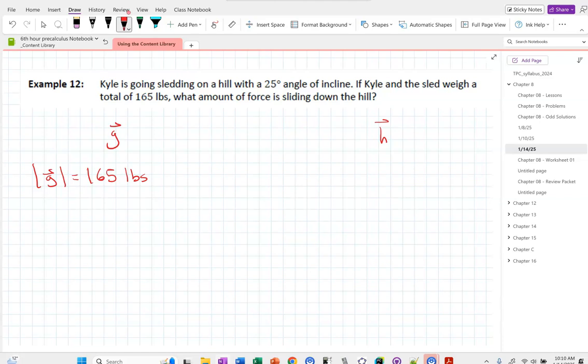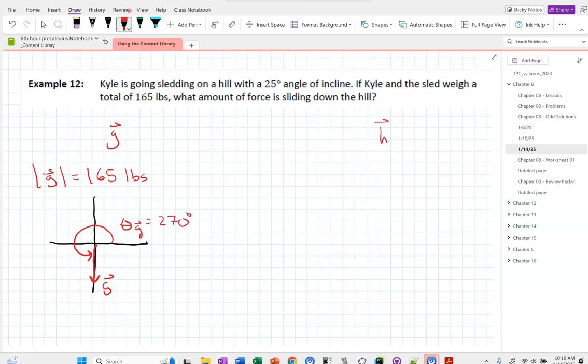Everybody's okay there? Now, what direction does gravity pull us? Always straight down, right? So our gravity vector looks like this. Everybody agree? So what is the direction for that gravity vector? 270.